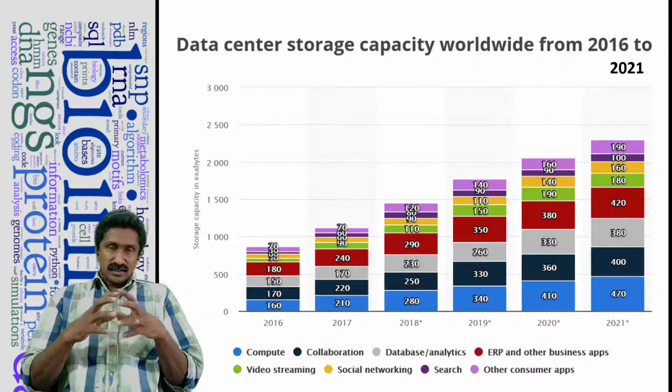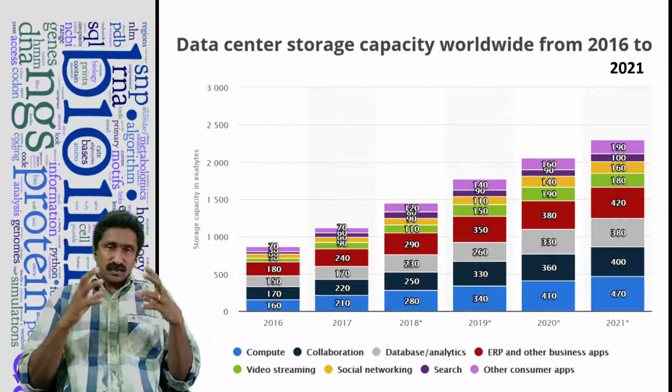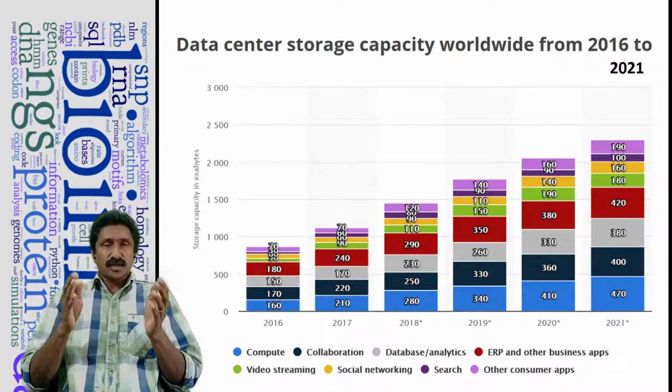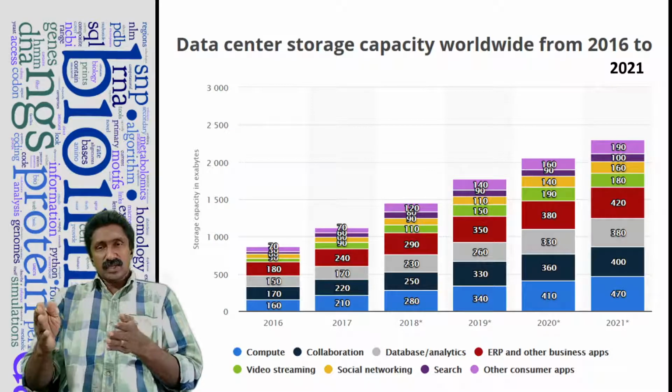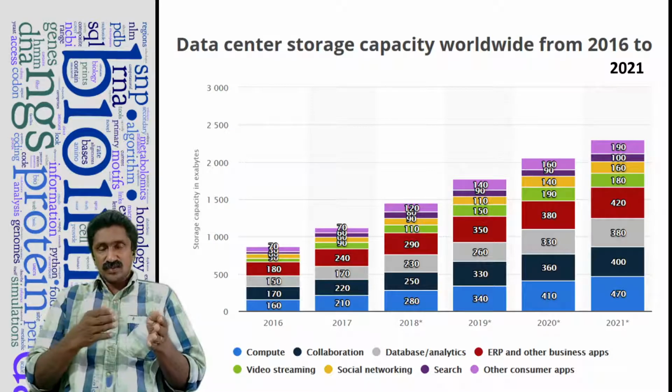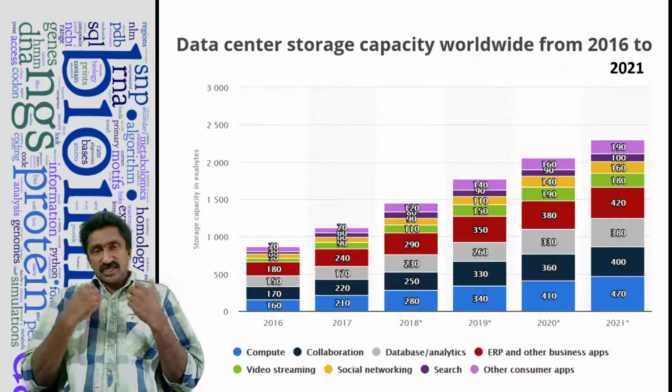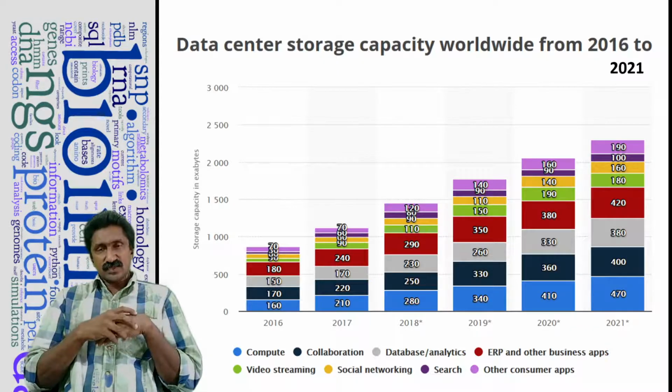Through these slides, what I'm trying to tell you is that within a short period, about 18 to 19 years from 2002 onwards, there is a large-scale increase in the overall capacity of storage devices worldwide, even personal devices, which are not included in this one.